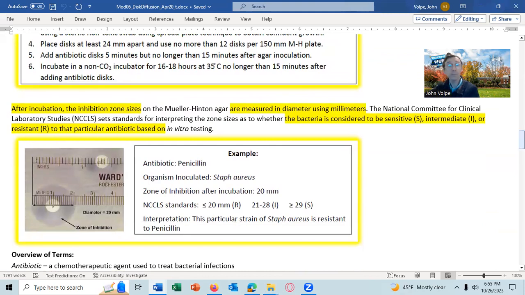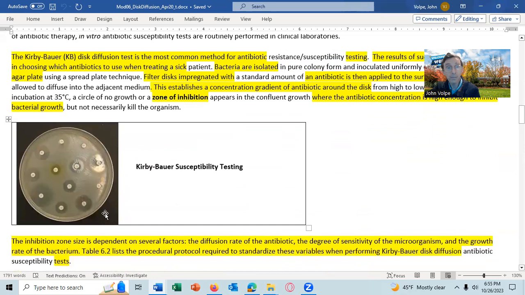You then incubate the plates and then look at the inhibition zone sizes. Simply looking at the zone and seeing that that's greater than that one doesn't mean that's the best antibiotic to use, because this could be a much smaller antibiotic, in which case it will diffuse further and create a larger zone of inhibition than an antibiotic which has a larger molecular weight size.